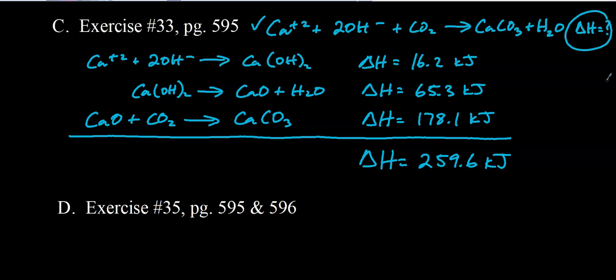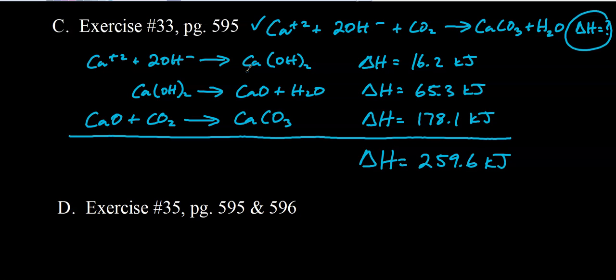So the first one that I wrote here is the opposite of what we are given in the problem. I took that equation, flipped it around, and notice the delta H changed from negative 16.2 to positive 16.2. The second equation also had to flip around.